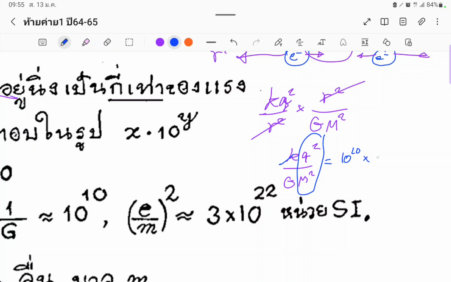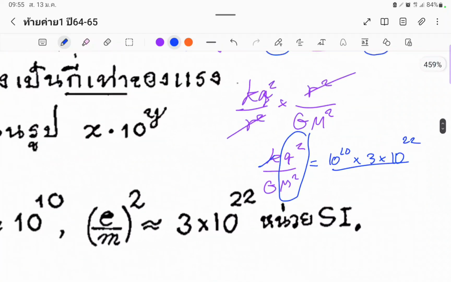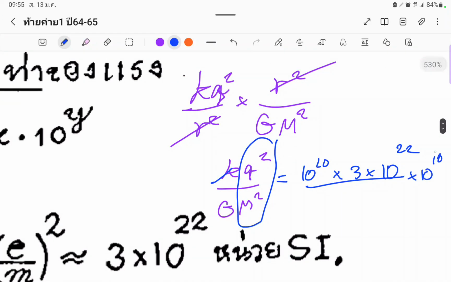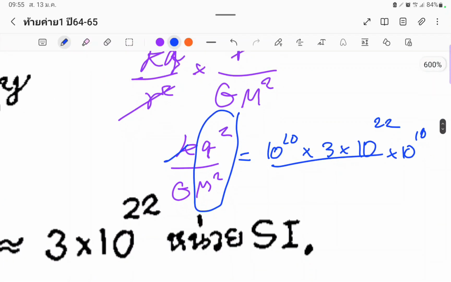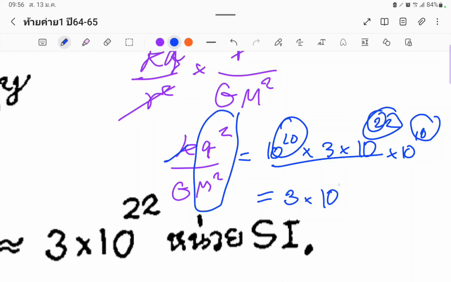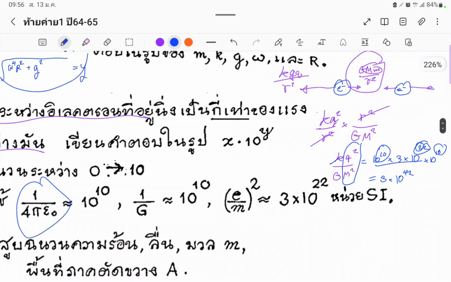And then they gave us the estimation, 10 to the power of 22, and then divide by G, which is 1 over 10 to the power of 10 again. So we just multiply with each other, and then we got 10 to the power of 42. Wow, that's a lot.